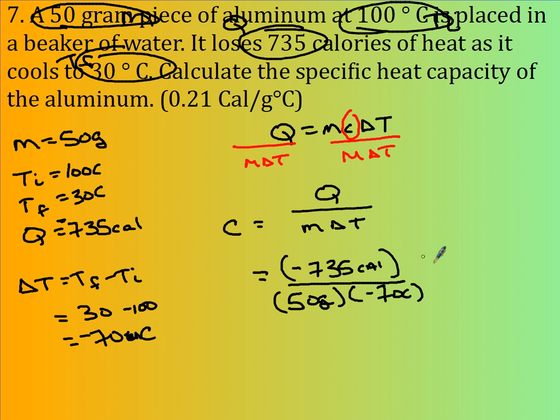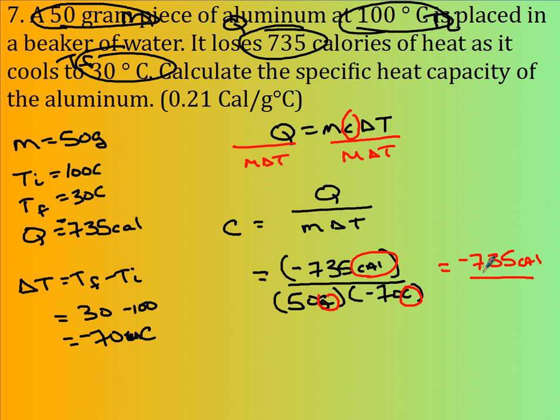Well, let me, first of all, I see my units are going to be, let me circle them here, calories per gram Celsius. That's really good. That's what we've been using for specific heat. Let me multiply straight across. This is negative 735 calories in the numerator.